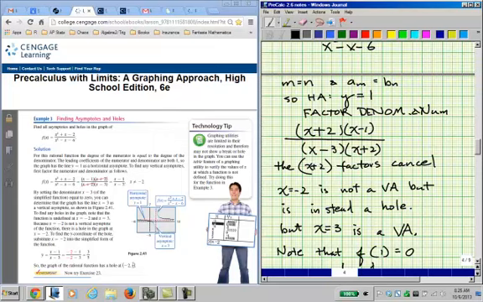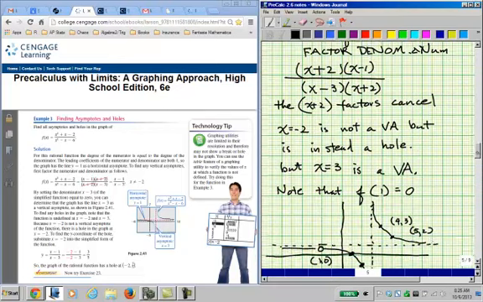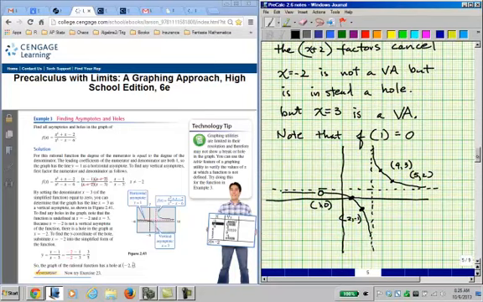And y does not approach infinity on either side of negative 2. Now, negative 2 is not an asymptote, but a hole. But x equals 3 is a vertical asymptote. And then let's just note, for the sake of everything, that f of 1 is 0.